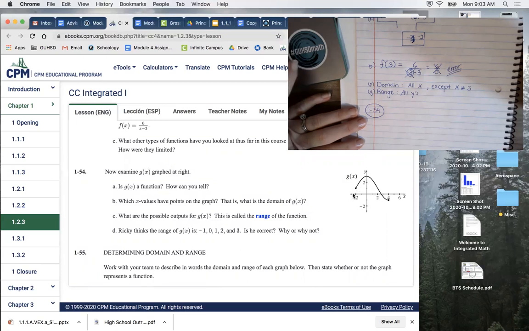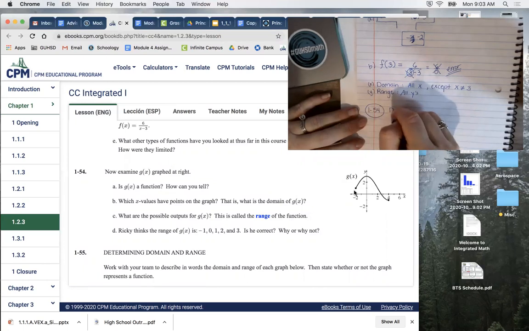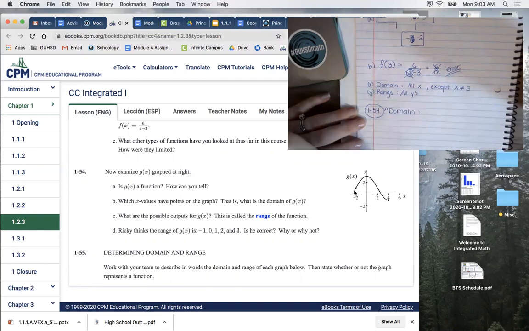And then we talk about domain. We always say our x values. I always think of, because we're always talking about domain and range, x comes before y, d comes before r. Domain is always your x values. So the domain is what x values do I use? Well, there's a closed circle here, which means I actually use that value right there.